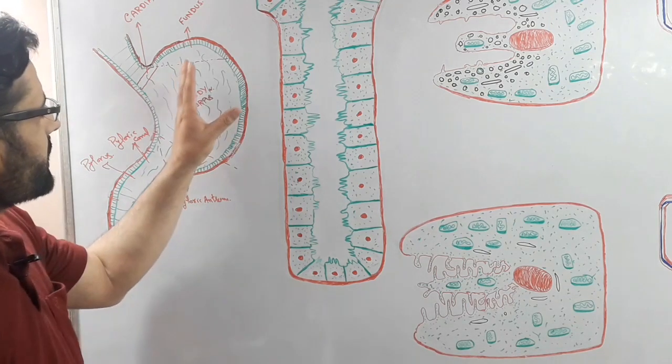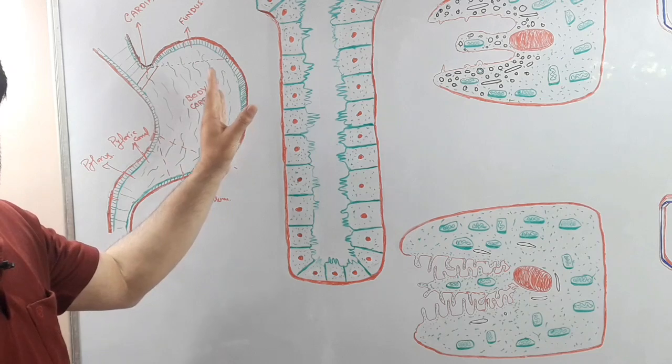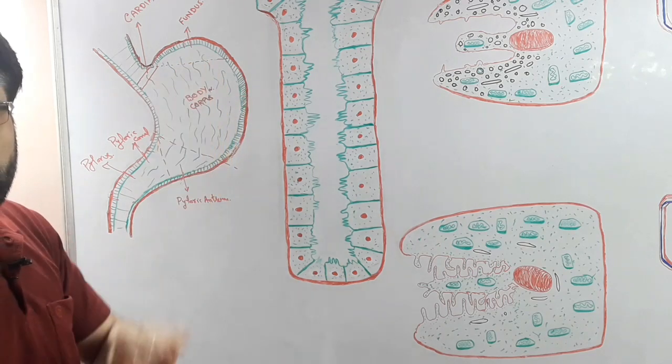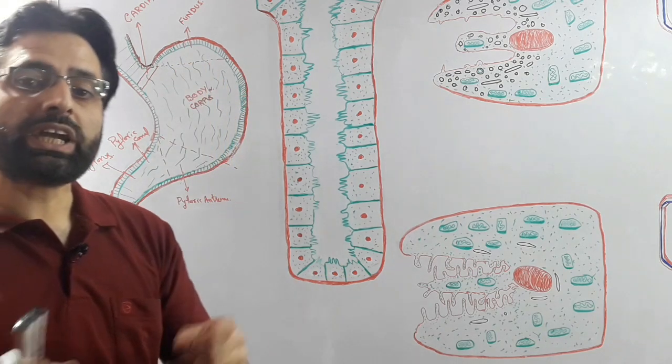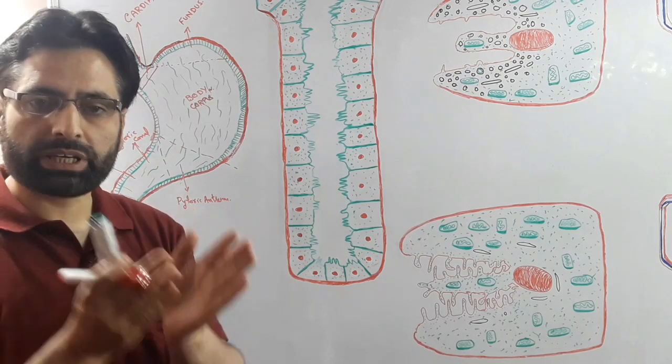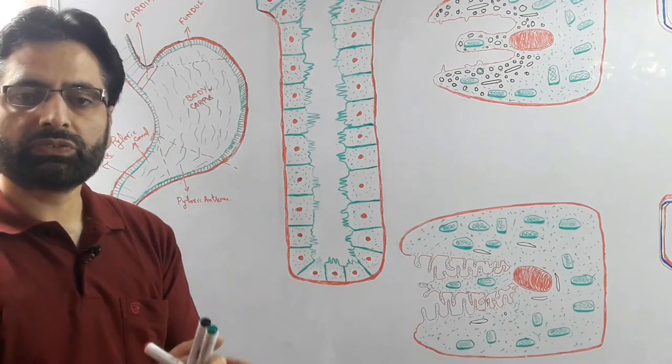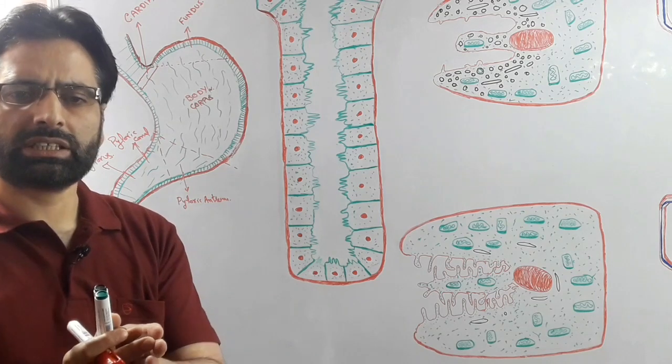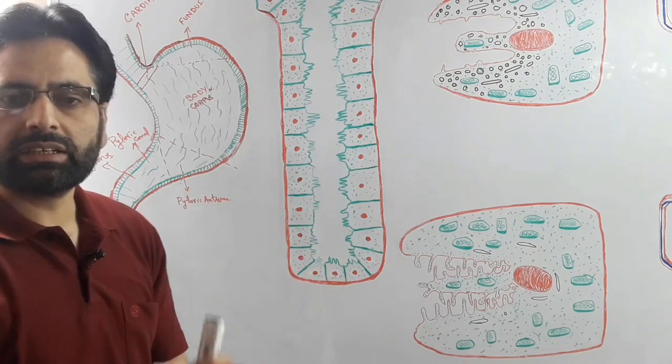And in the gastric glands of the proximal parts of the stomach, like the fundus and the body, we also have parietal cells present. That is, we have parietal cells, chief cells, some endocrine cells, and mucus secreting cells.